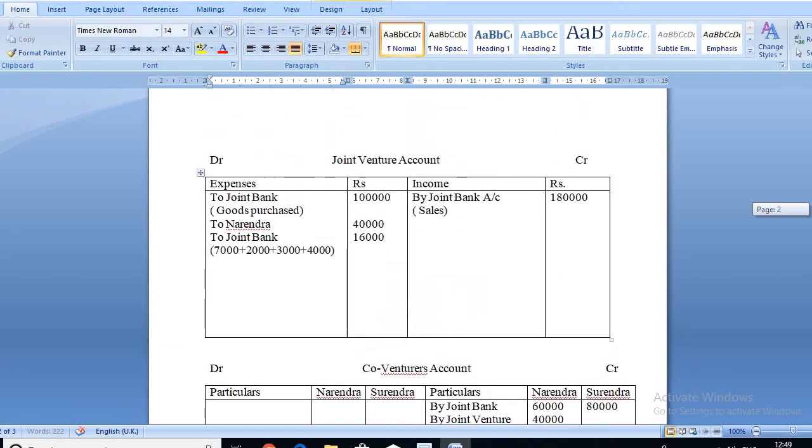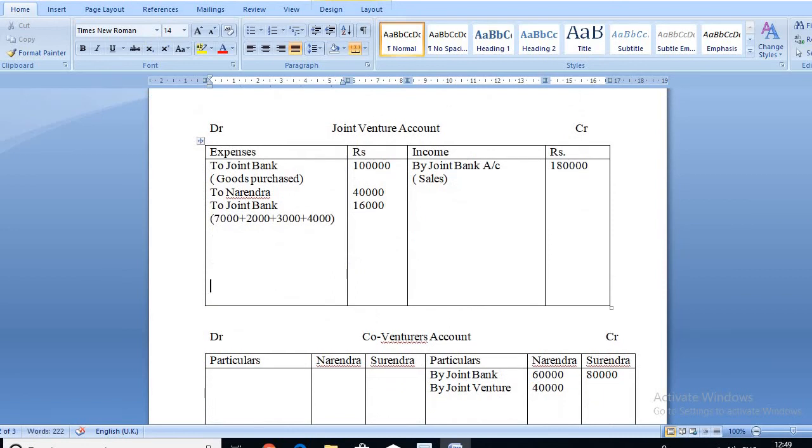Now make the balance of these accounts one by one. First, make the balance of joint venture account. Usually the credit side is more than the debit side, but sometimes the debit side is more than the credit side. In this account the credit side is more, so here make balance. 1,80,000 on both sides.